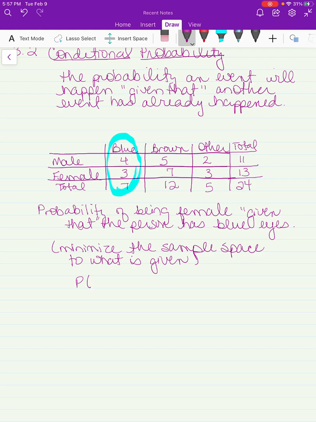The way that this is written is the probability A happens given that B has happened.